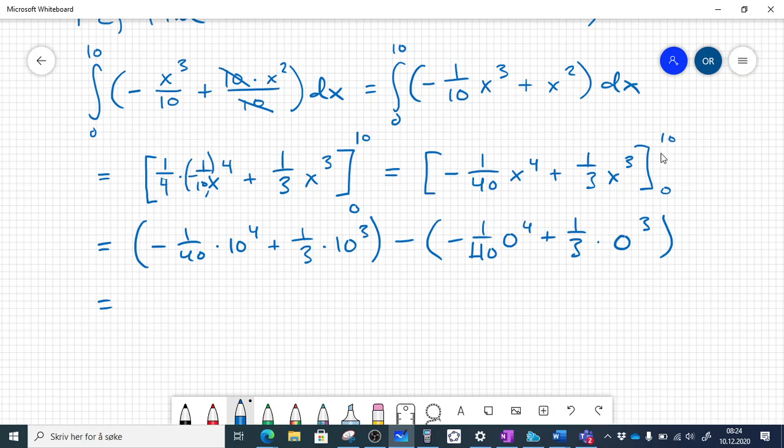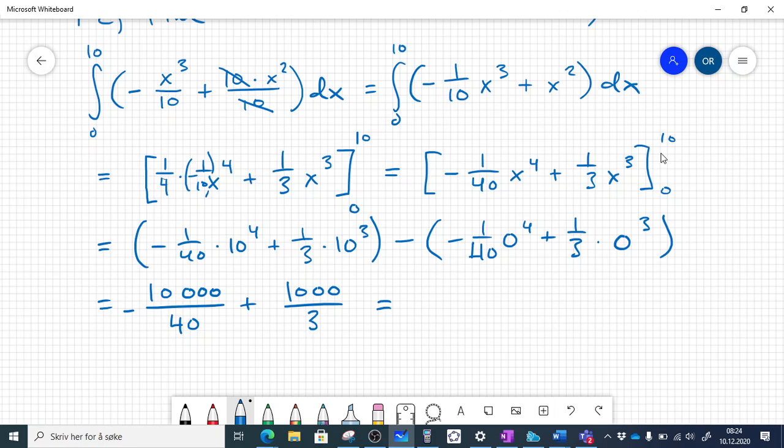So we have 10 to the power of 4, that's 10,000, divided by minus 40, plus 1,000 divided by 3. And I would suggest that you use the calculator for this answer. Let's see.